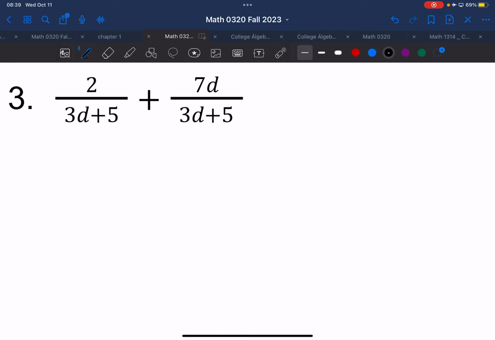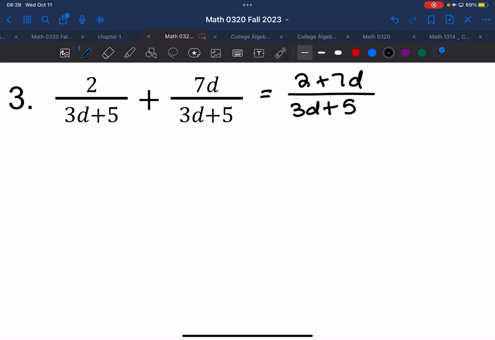So on number 3, we have 2 over 3d plus 5 plus 7d over 3d plus 5. Do they have the same denominator? Yes, so that's going to stay the same. So the bottom is 3d plus 5. And then we need to add our numerators. So we have 2 plus 7d. Can we simplify 2 plus 7d and make it 9d?